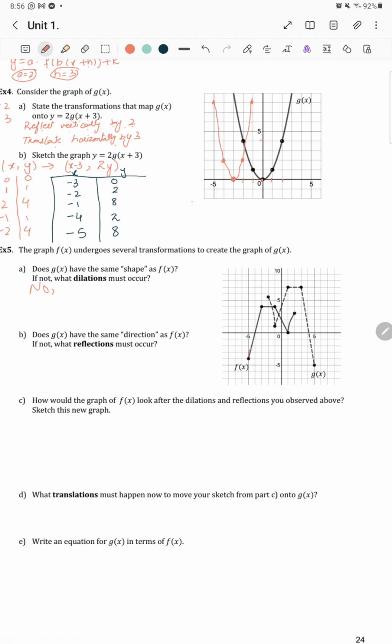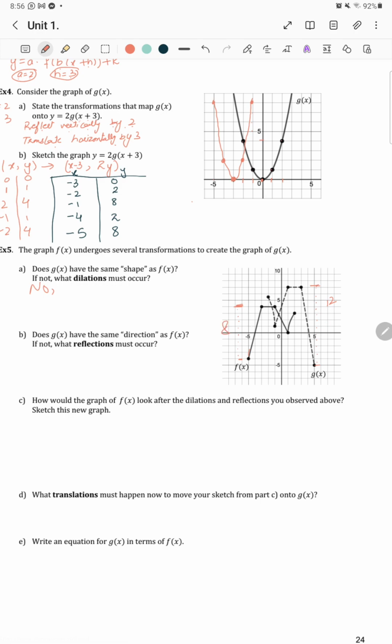So this graph is starting from here: 1 2 3 4 5 6 7 and 8, and this graph is starting from here: 1 2 3 4 5 6 7 8 9 10 11 12. So it is 12 boxes long and it's 8 boxes long.